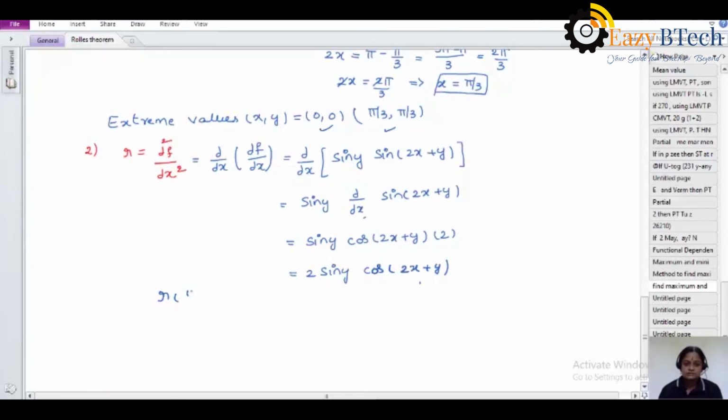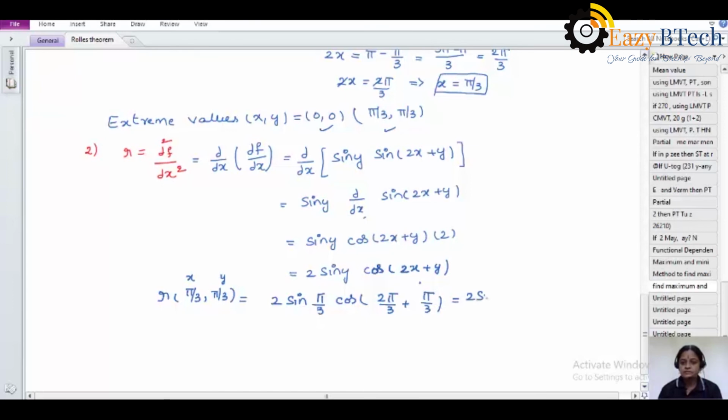So that's why we are choosing the second point, that is R at pi by 3 comma pi by 3. So 2 sin, this value is x and this value is y, students. 2 sin pi by 3 cos of 2 pi by 3 plus pi by 3. Okay.